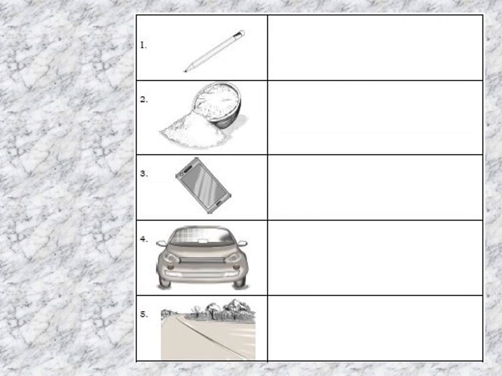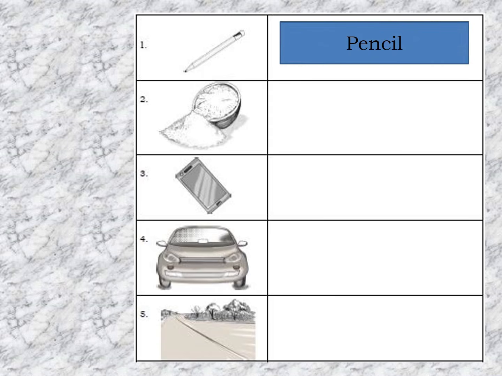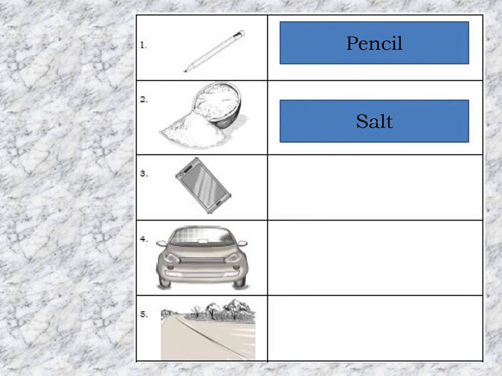In your module, there's an activity and we will identify the following objects. In your answer sheets, you will determine what type of minerals are present in each of the presented objects in the table. Our first picture is a pencil. Second one is table salt.